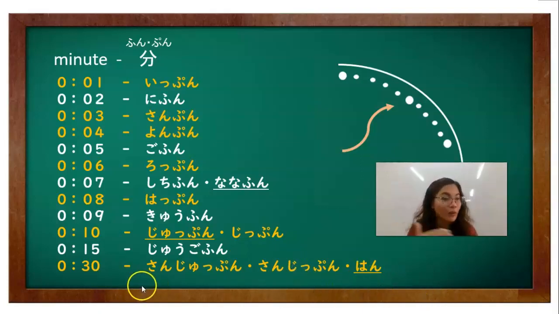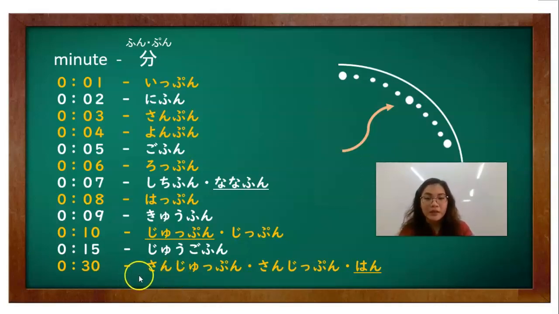So there are 3 ways to say 30 minutes. Han means half, so that's why you can say Han also. It doesn't matter.